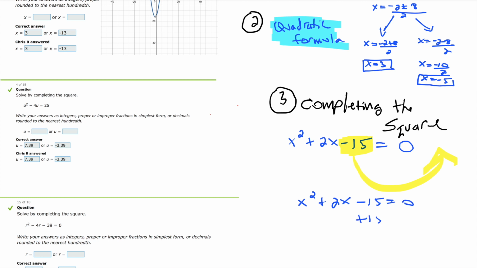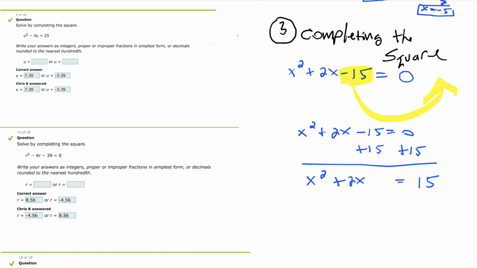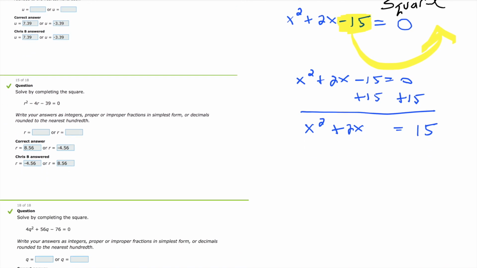Then you go plus 15, plus 15. All right, so x squared plus 2x equals 15. Yeah, with me?